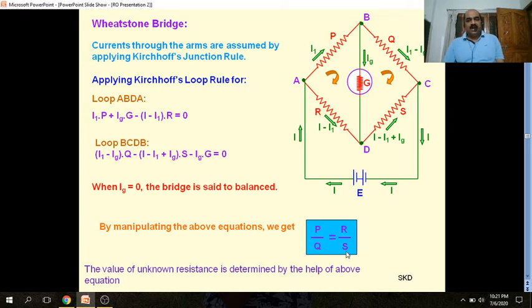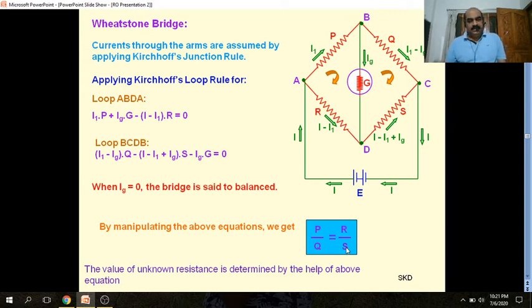So this is how S is treated as the unknown resistance, as we will see in its application, the meter bridge. So the value of unknown resistance can be determined. Now, this is the principal part of the Wheatstone bridge.